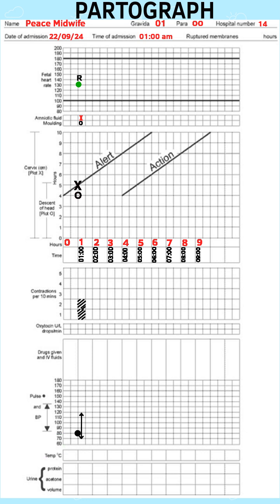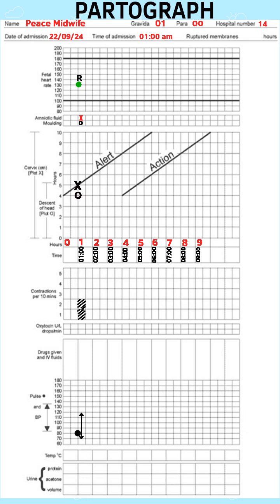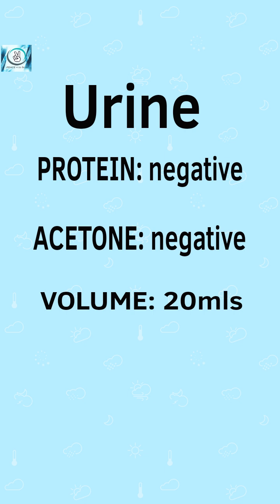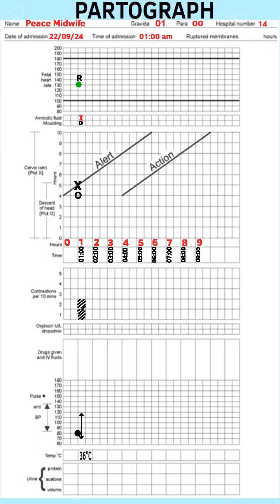And temperature is recorded every 4 hours. For example, temperature of 36 degrees will be recorded here. And urinalysis is done every time urine is passed. For example, on admission will be recorded here.